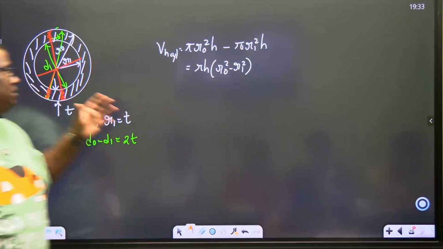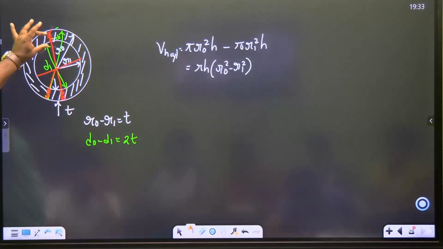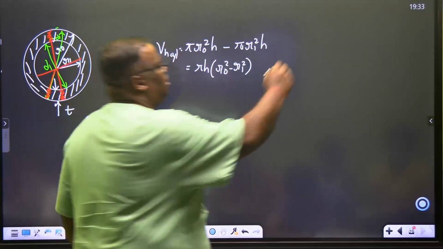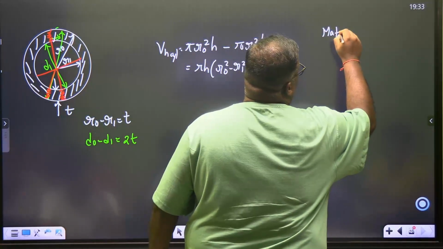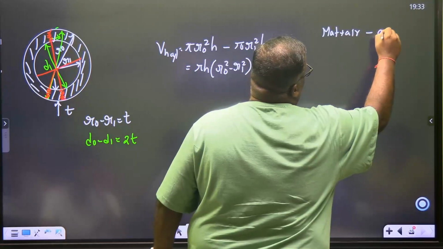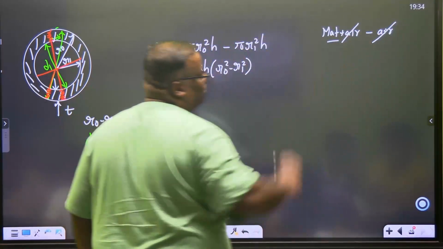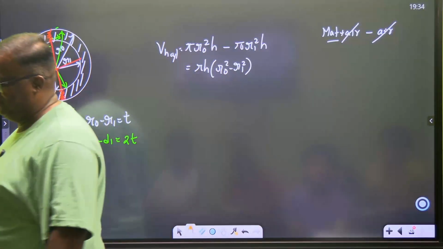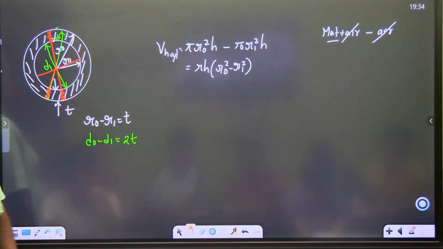Hollow cylinder means the outer cylinder is material plus air, the inner is only air. So it is like this: material plus air minus air. Air cancels. You are left with only material. You understood? Very good. They were excellent children.